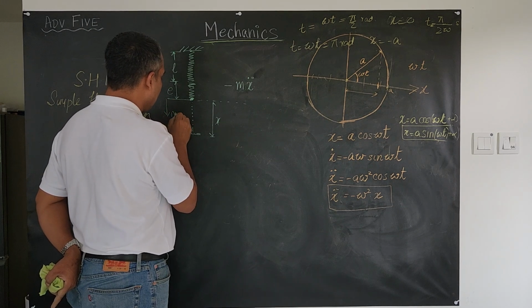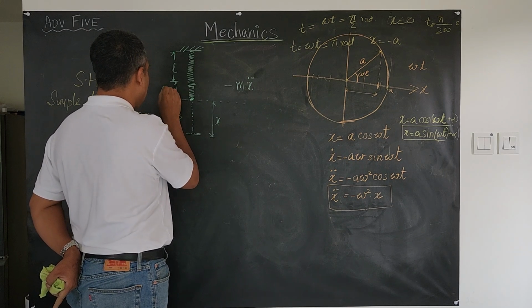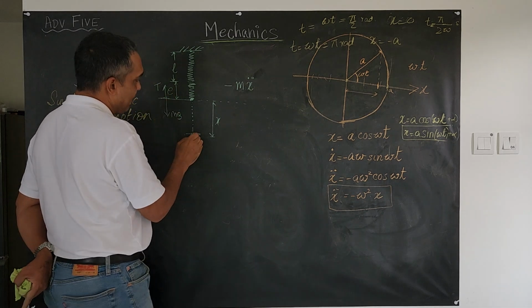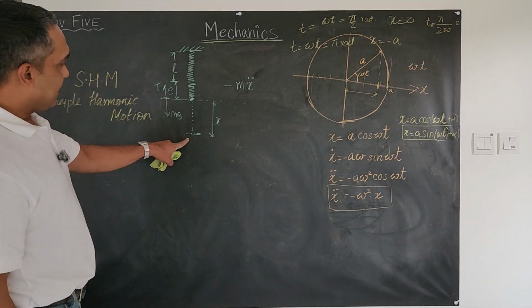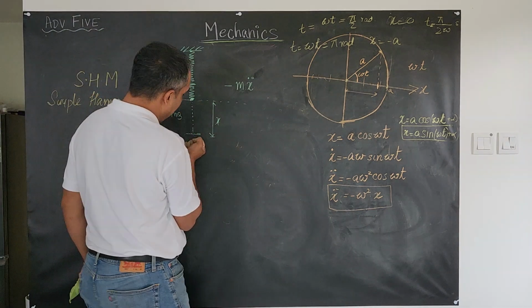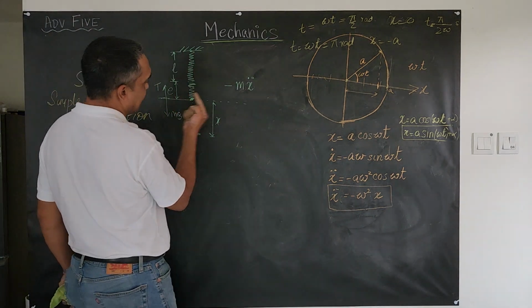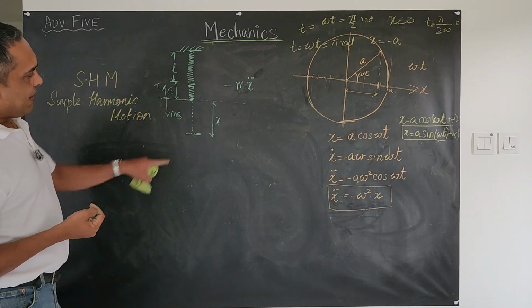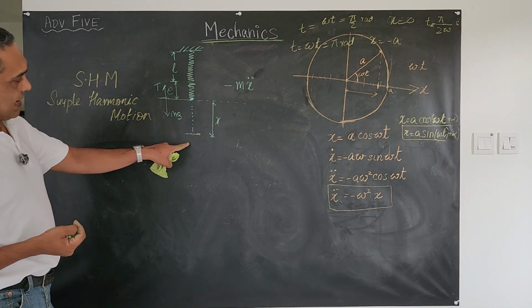This is mg, and this is T. At balance, this is T, right? But when I've come here, there is acceleration. So there's a direction of motion. There is an opposing acceleration. But what else is going on? I have a tension, and I have an mg.